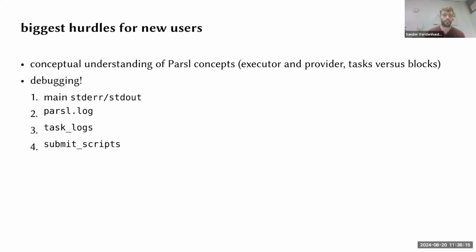First, obviously, the main process's output. Second, the Parsl log. Third, any bash output logs. And fourth, if there's nothing there, then probably the block didn't start or it got killed or whatever, and you would find some information on that in the submit scripts directory. I've also included these steps now in the FAQ, and I think that's important.